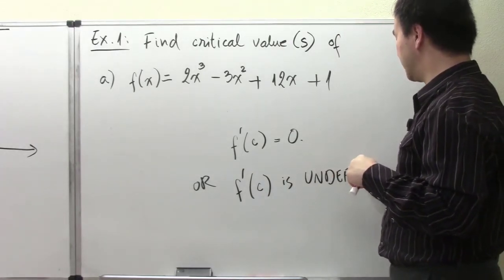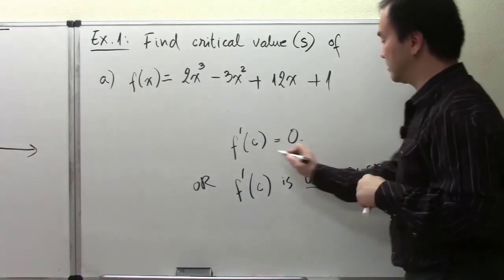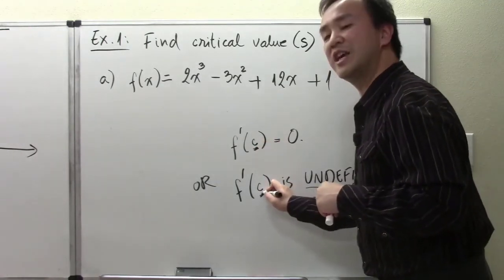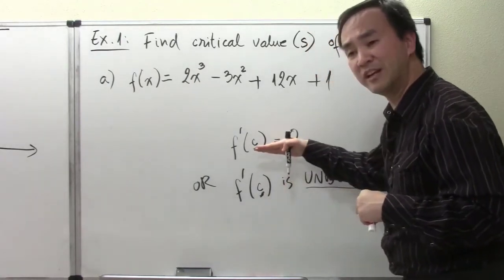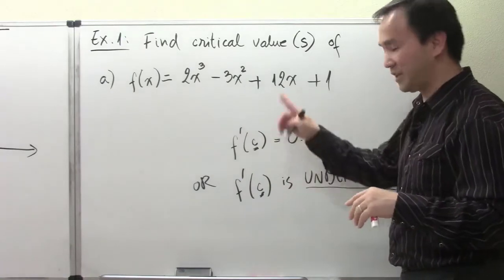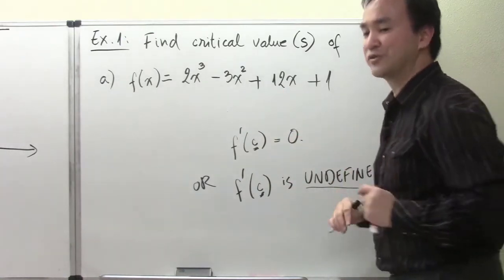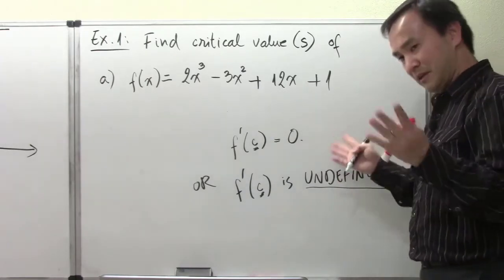As long as we can detect those values x equals c, where it only needs to meet one of the two requirements, then those are our critical values. There could be one, there could be many.